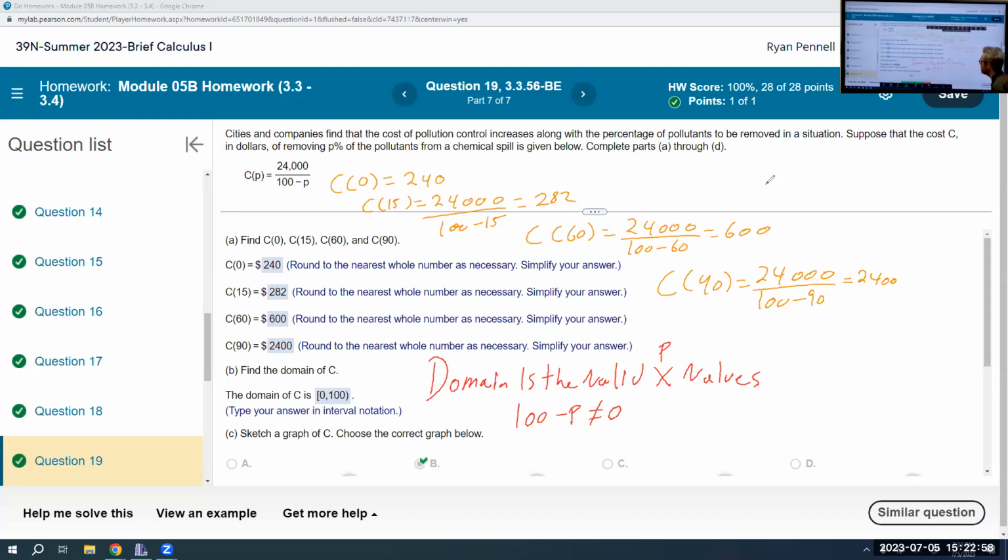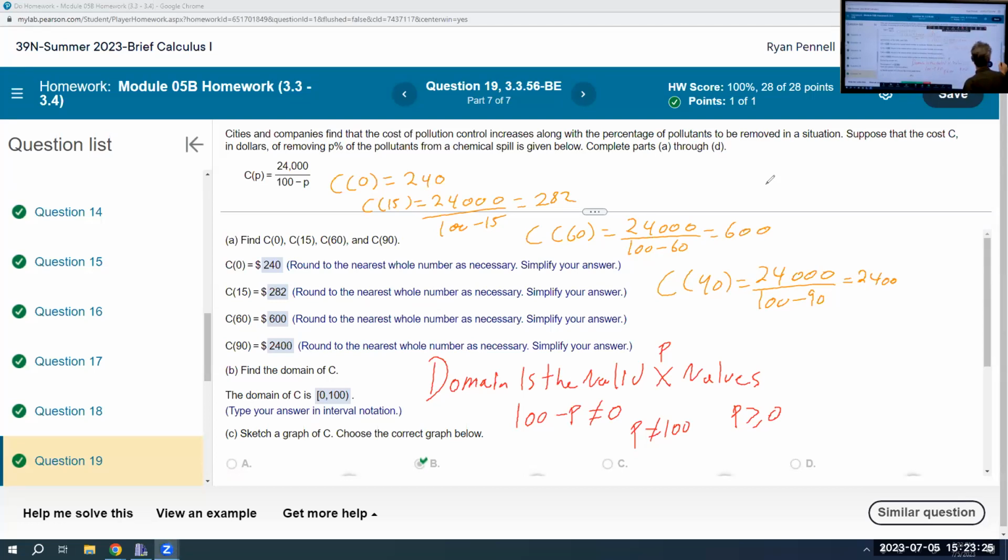So you can't plug anything that makes that happen. So I'd say P cannot equal 100. And in this case, since it's a real physical thing, P has to be greater than or equal to 0, since we're talking about real things. So for my numbers, it would be from 0 to 100, excluding 100.